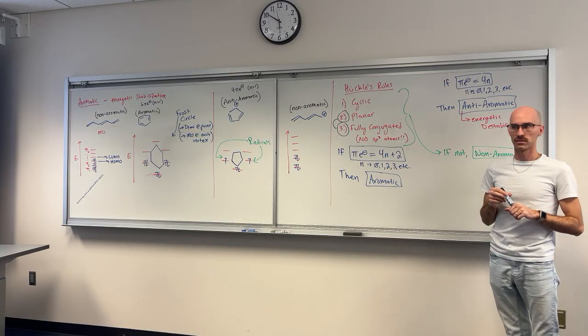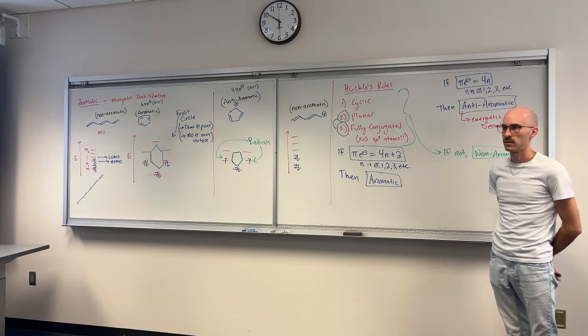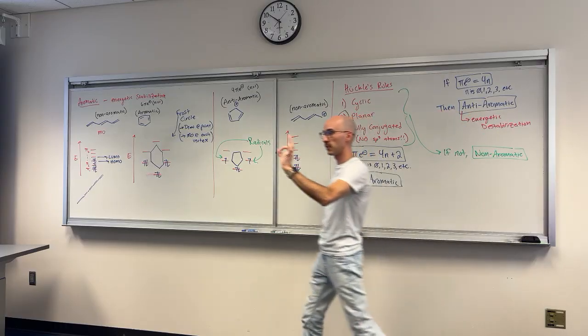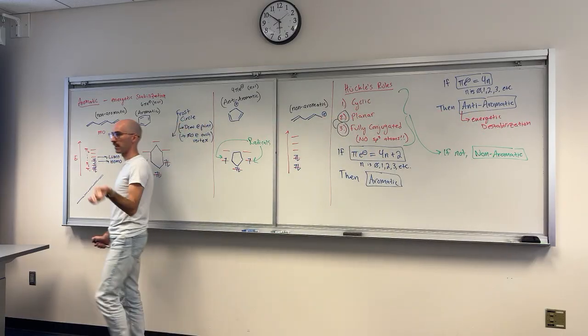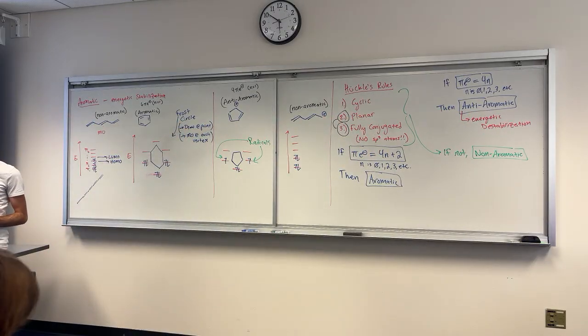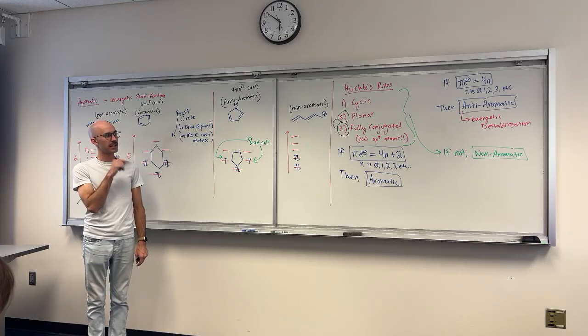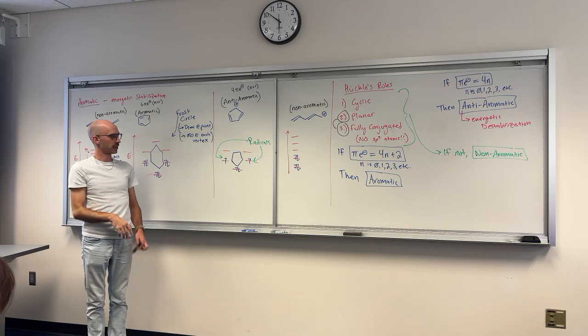Any questions? Jacob? What if the number of pi electrons doesn't satisfy either equation? If you have a radical, if you have an unpaired electron, then it is non-aromatic. You wouldn't even get to the equation. I guess you'd have to get to the equations, right? And you'd say 5 pi electrons equals neither of these, except that it gets to be non-aromatic in a different way than if it doesn't obey one of those 3 rules, correct?